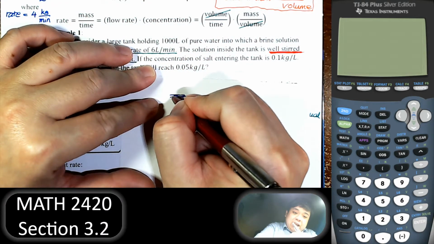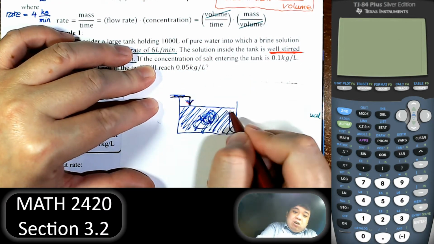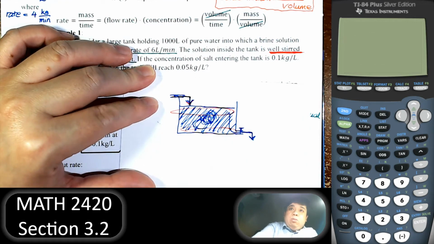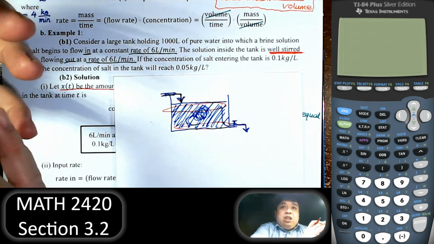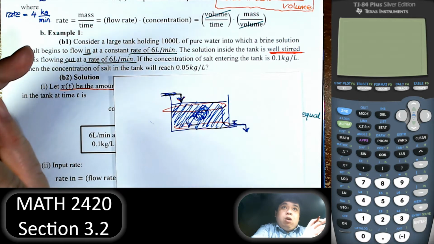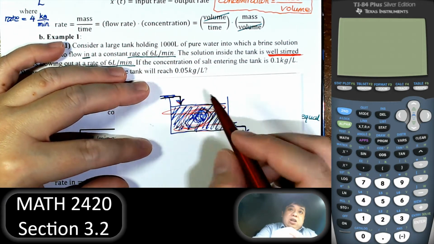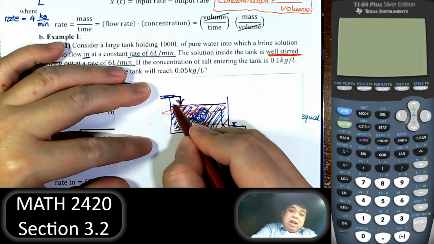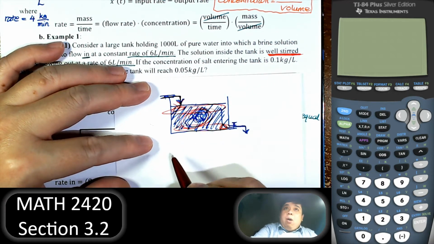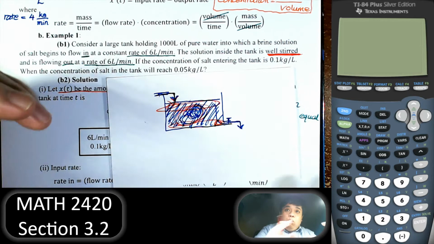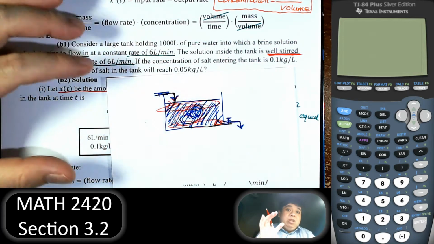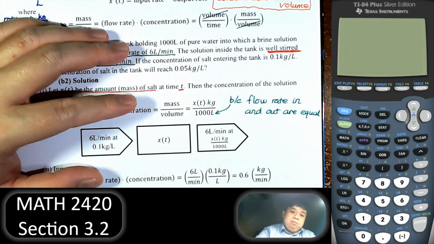Usually if it flows from the top, the concentration will be different from the top to the bottom. Of course, if that is the case, it will be extremely difficult to do the problem. So we assume that it is well stirred, meaning the concentration at the top when it is getting in and the concentration at the bottom when it is getting out will be the same. Otherwise, it will be very difficult to solve this problem.